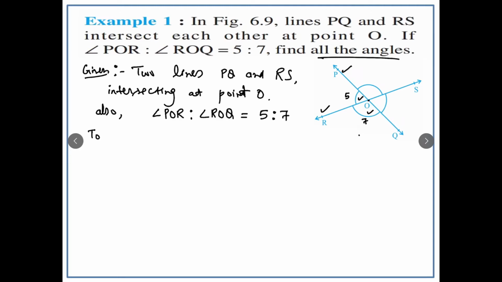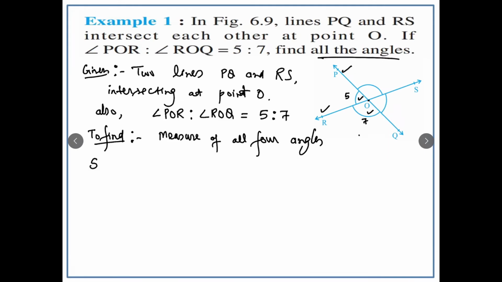We have to find, and here we are not asked to prove anything. So write: to find all four angles. That means we have to find the measure of all four angles.